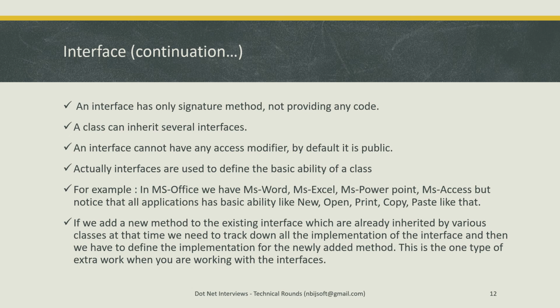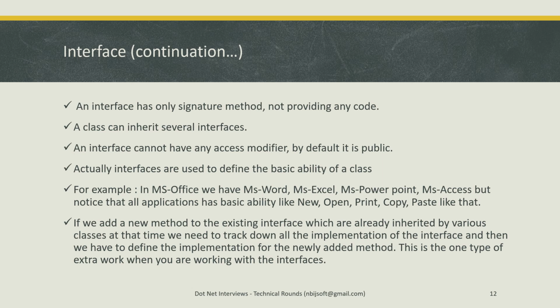So we have common functionality, and no one wants to give it a separate name, for example create new Word or create new Excel. We have only common functionality, so we just use New. All its child classes have to implement it as New only.